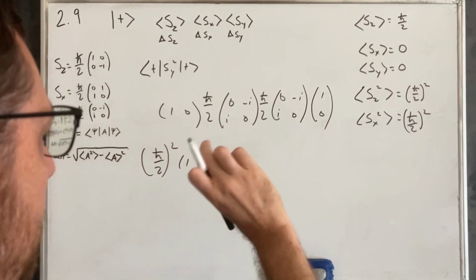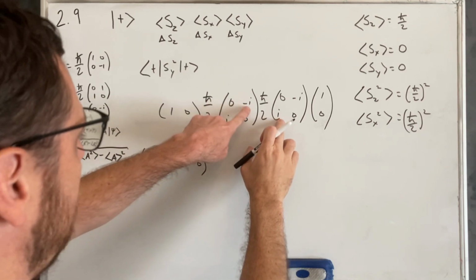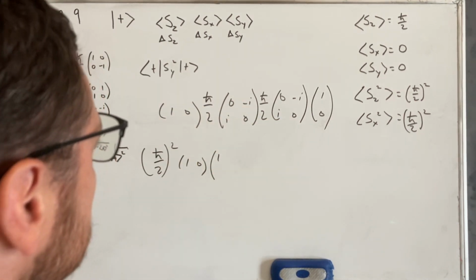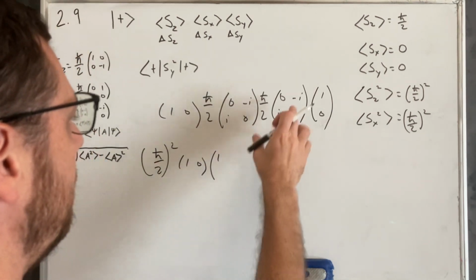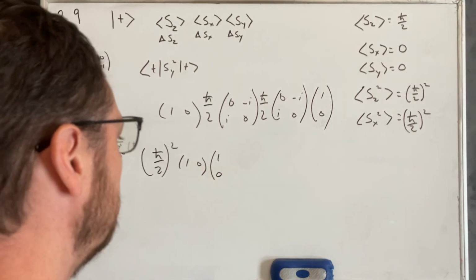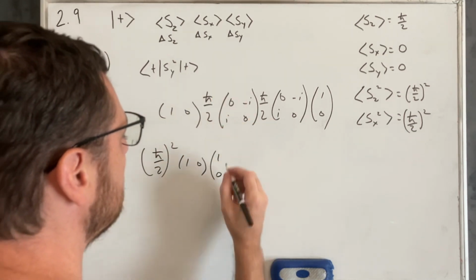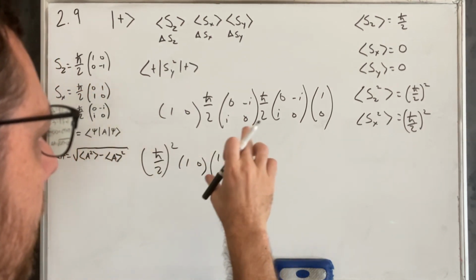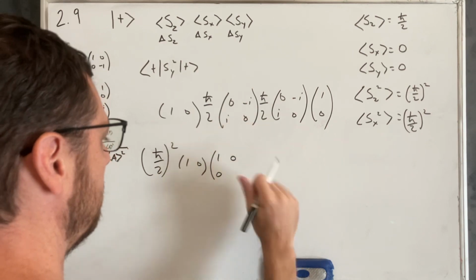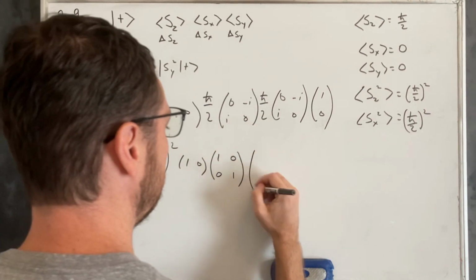It looks like we have 0, then we'll have i times negative i, which is 1. And then we'll have 0 plus 0 is 0, 0 plus 0 is 0, and we'll have negative i times i, so 1 plus 0 is 1. All right. And then still have [1, 0].